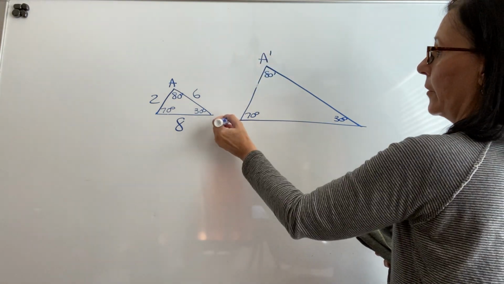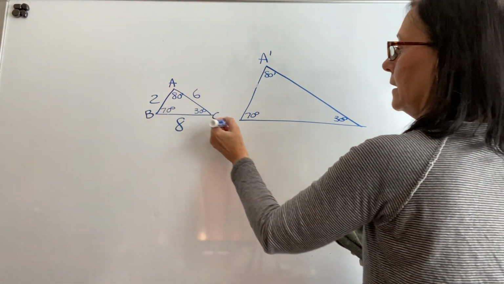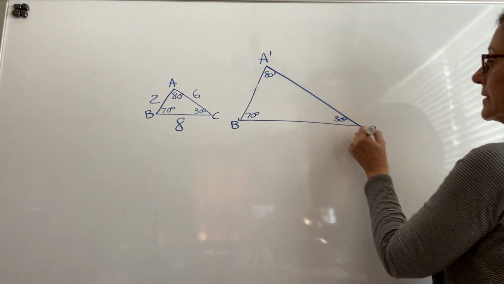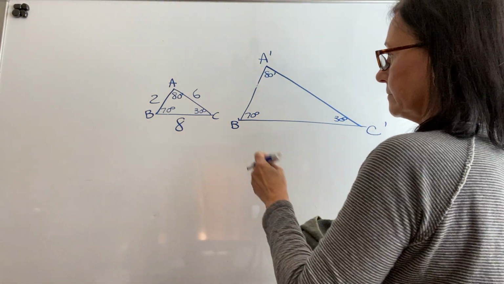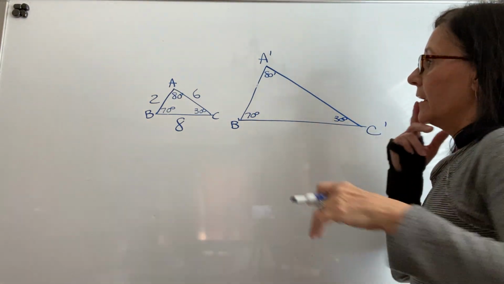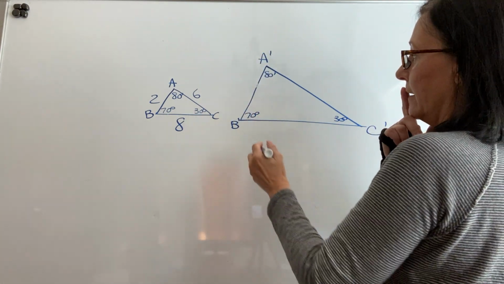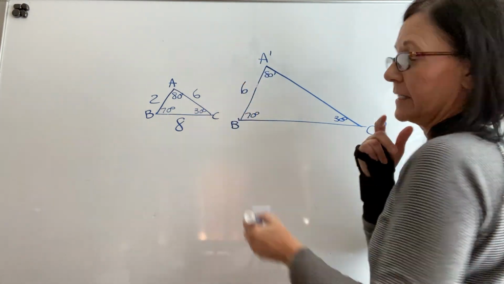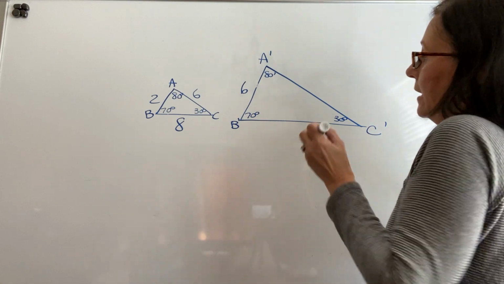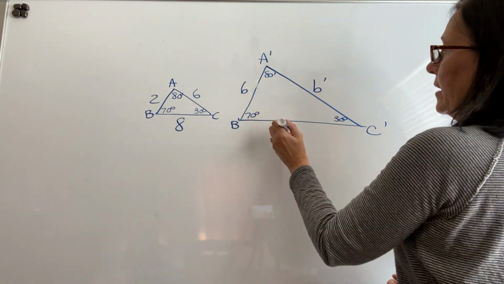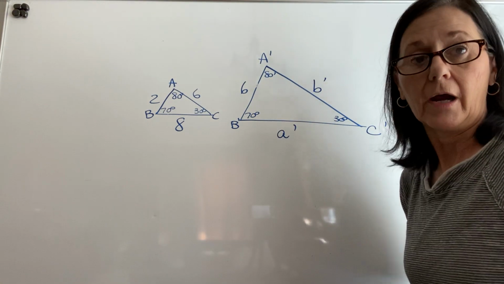We'll call that A prime, B prime, C prime. And let's suppose the length of this side is 6. And this will be B prime, this will be A prime, all right?